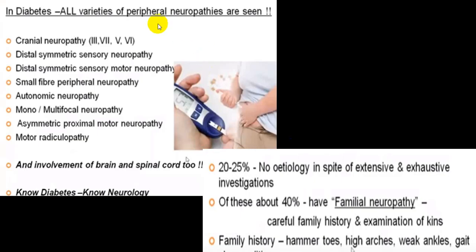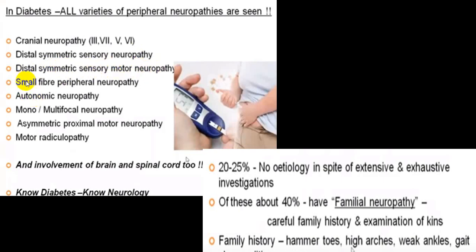Now to summarize one part of it, in diabetes you can get multiple different varieties of peripheral nerve involvement. You can have a cranial nerve involvement, you can have a distal symmetrical sensory neuropathy, we call a polyneuropathy. Distal symmetrical sensory and motor involvement, we call sensory motor neuropathy.